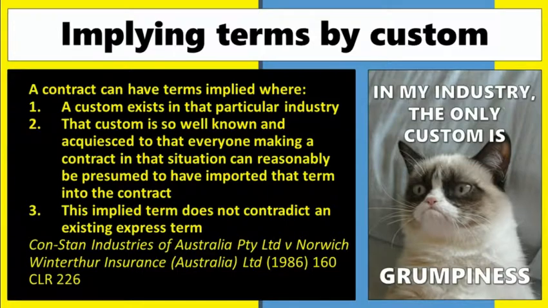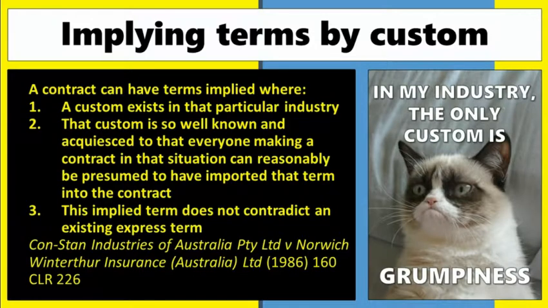Finally, there are situations where trade custom can imply terms into a contract. Again, this is quite rare. Usually where people are operating in particular industries, the contracts that are commonly used in those industries incorporate these terms and they have them as express terms. But nonetheless, a contract can have these implied if there is a particular custom and it is so well known.